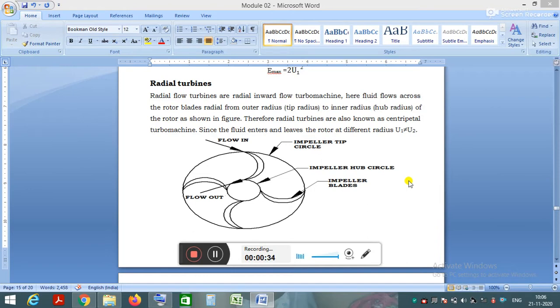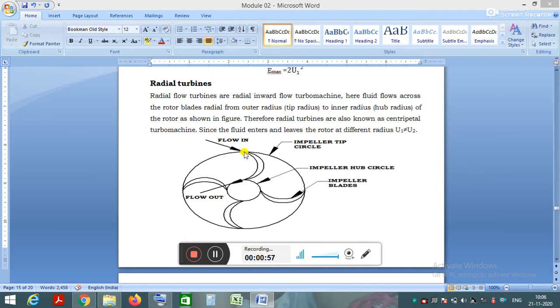Inward flow is nothing but the fluid flowing across the rotor blades radially from the outer radius to the inner radius. Here the fluid enters at the outer tip of the blade and moves towards the inner radius.